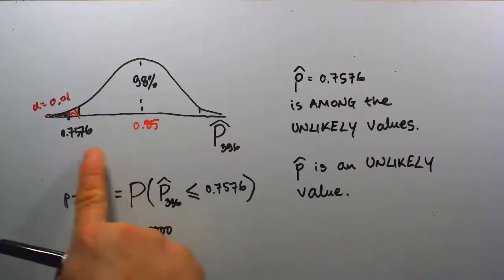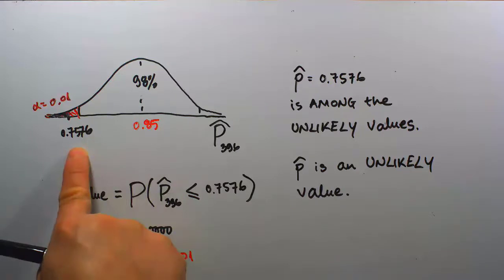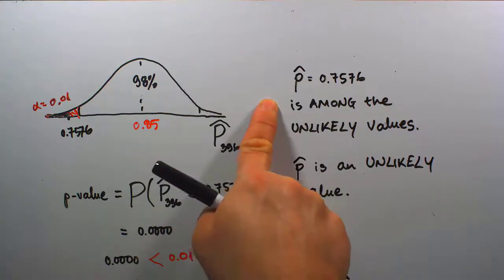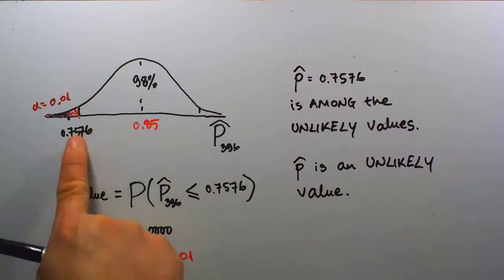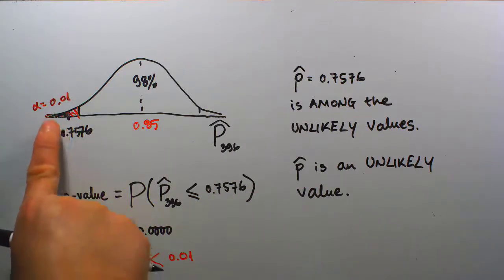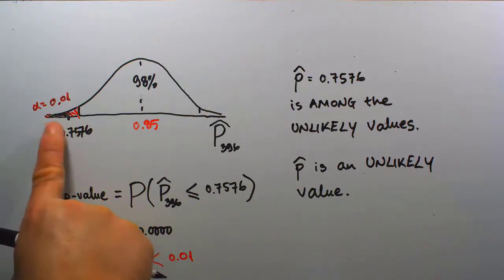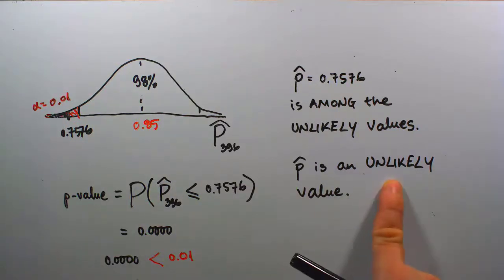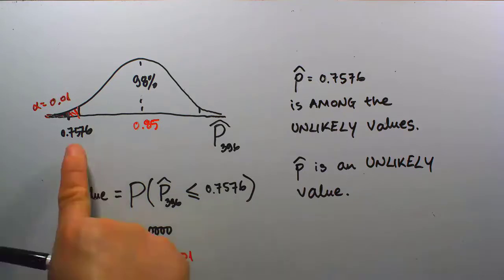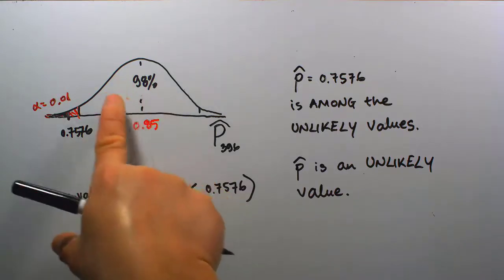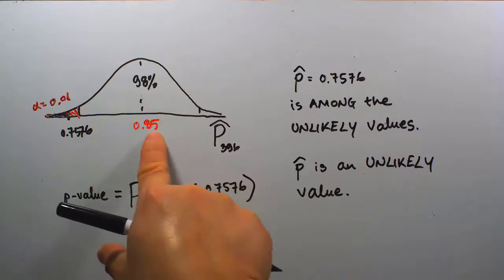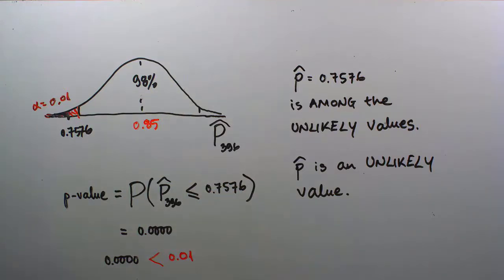We already knew the sample is to the left-hand side of 0.85, and just now we proved that it also fell into the area of the unlikely values. In other words, p hat itself is an unlikely value instead of being in the common area where we commonly get values near the value claimed in the null hypothesis.